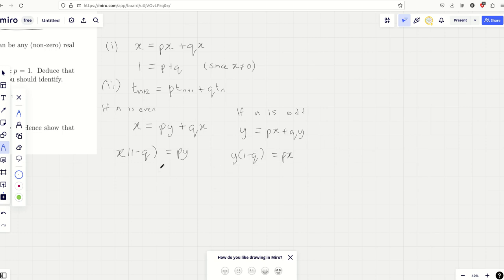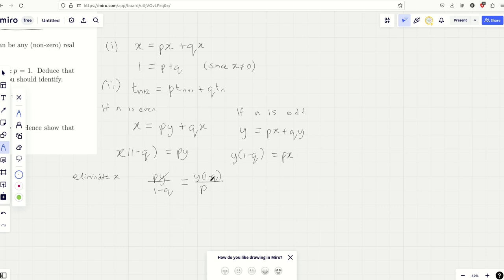Then I can easily see that if I eliminate x, what I'm going to have is py over (1 minus q) equals y times (1 minus q) over p, sorry, because I'm making x the subject here and x the subject here and equating the two.